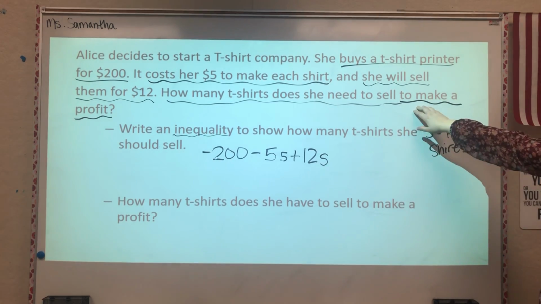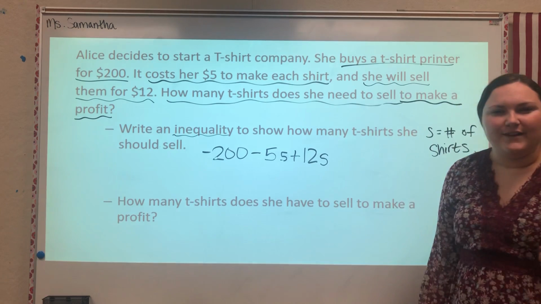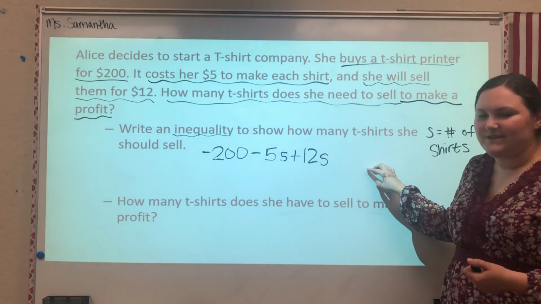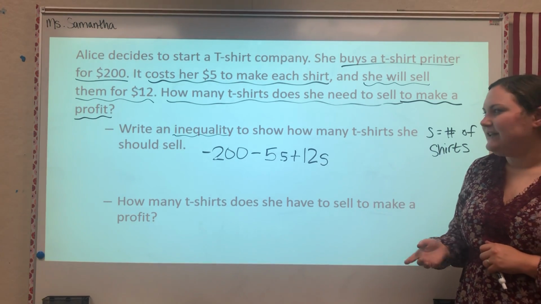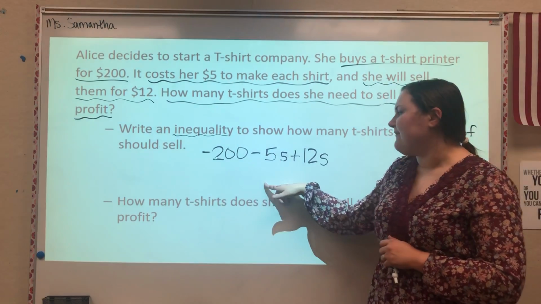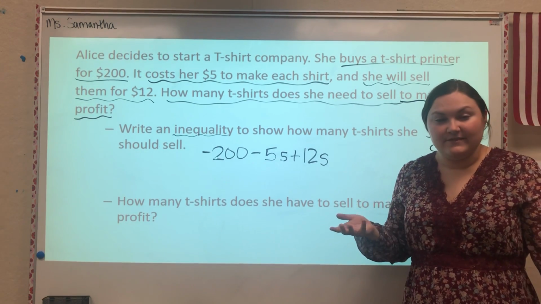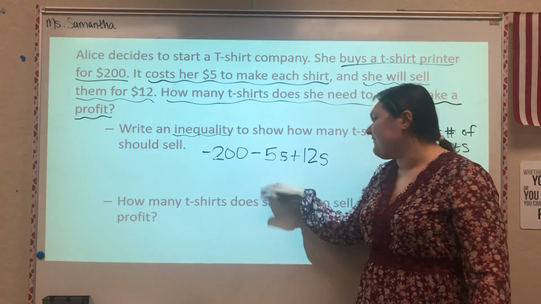Instead, they said she's trying to make a profit. Well, what does it mean to make a profit? What number does that translate to? If you want to make a profit, let's say after she pays all the stuff and makes her money, she walks away with $5. Is that a profit? Yeah, because she's paid this off, she's made her money.